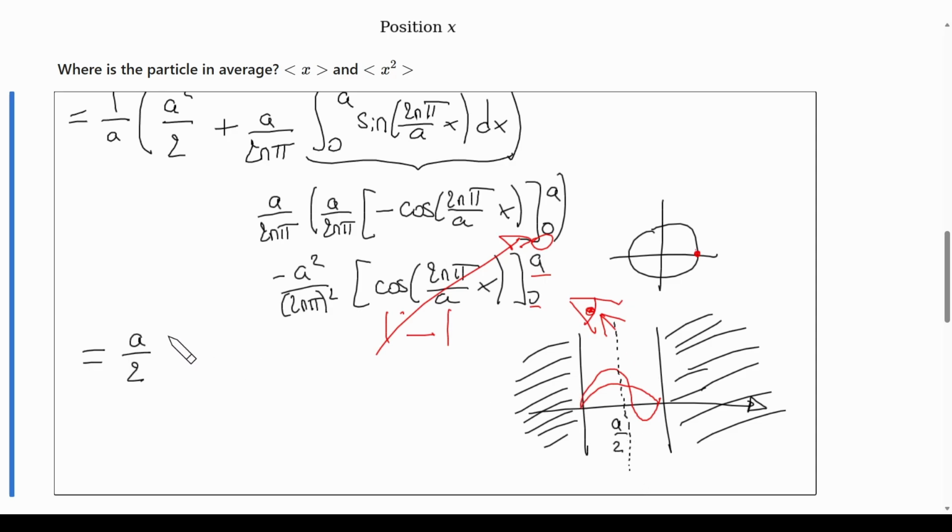And this is a result that is valid for all n.